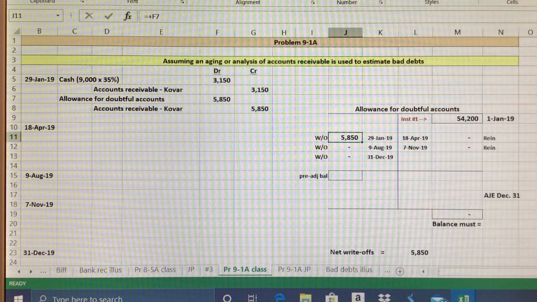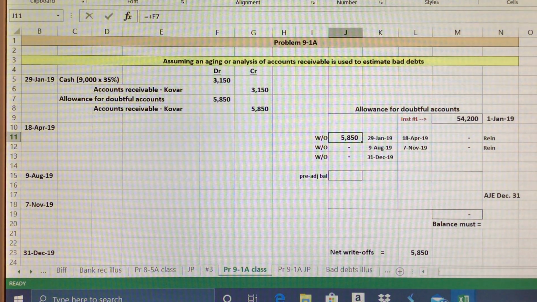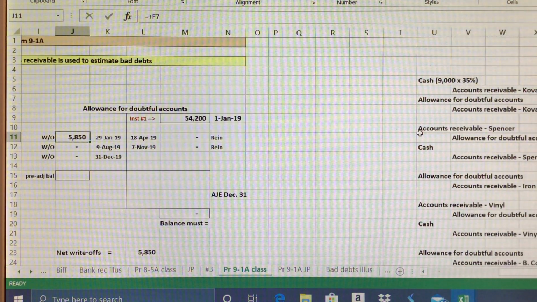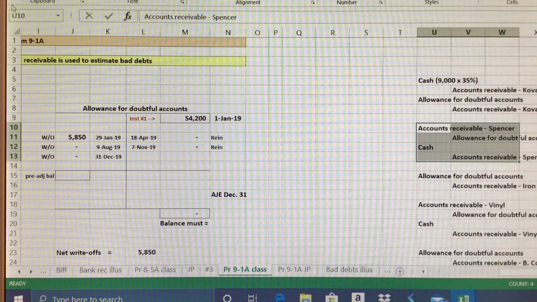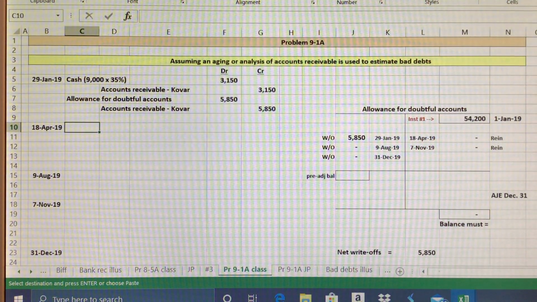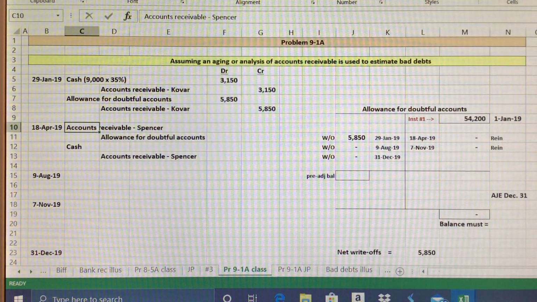We reinstated an account, Spencer Clark. We received $4,000. This hardly ever happens in the real world, but it happens twice in this problem. So these are going to be our debits and credits. Okay, first you have to bring the receivable back to life. How much? 4,000.